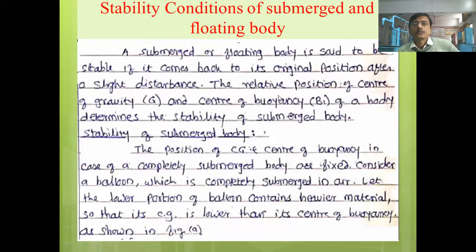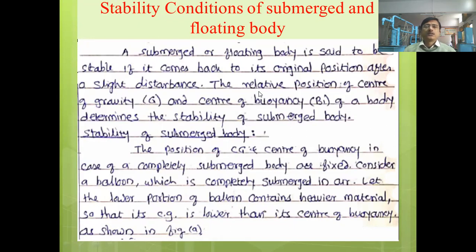The next theory point about this is metacenter and buoyancy, stability conditions of submerged and floating bodies. We are going to see these stability conditions for the submerged bodies as well as floating bodies.